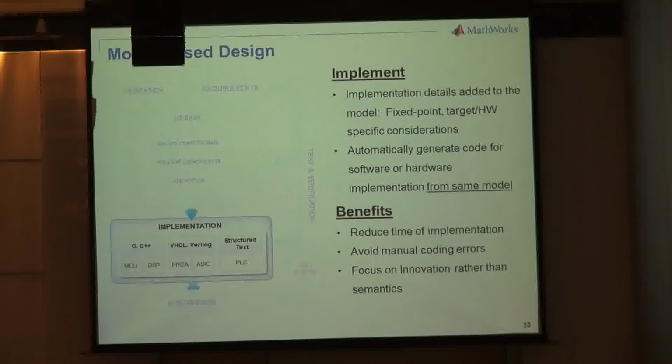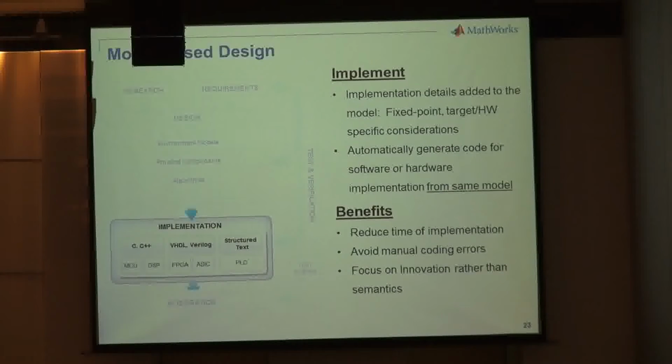But in model-based design, implementation is about doing all the implementation work up in software, up in the design stage here. We do all of our fixed point design, all of our target-specific constraints and considerations, all in our model.